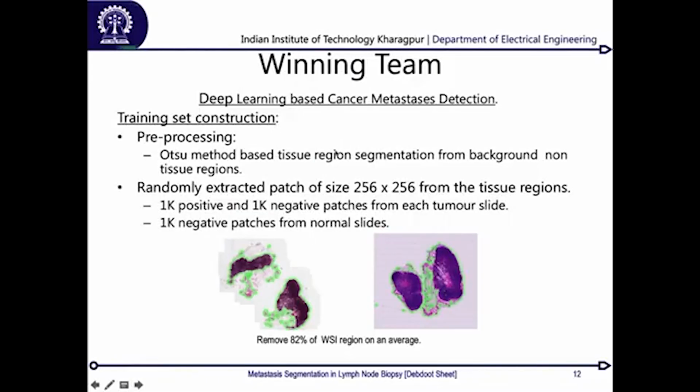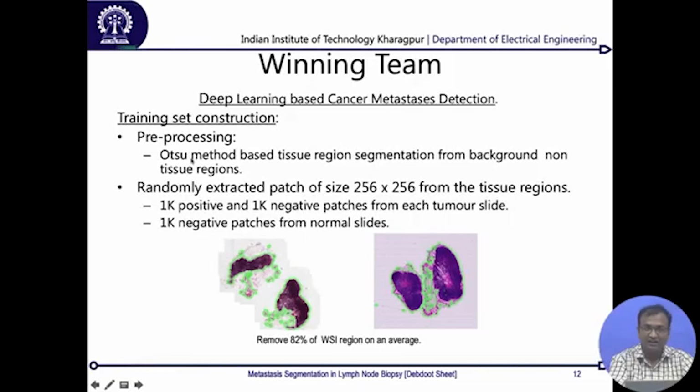So what they did was a very quick hack around that. They used a simple Otsu's method, by which you can iteratively find the best possible threshold and then do a binary thresholding, and this roughly gives you the area where the tissue mass is present. Once you have this rough area, they randomly selected multiple patches: 1000 positive patches and 1000 negative patches of 256 cross 256.